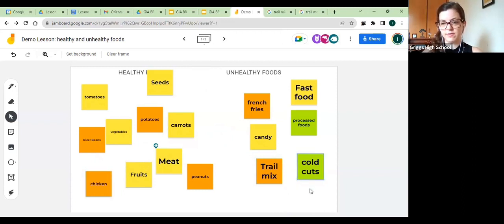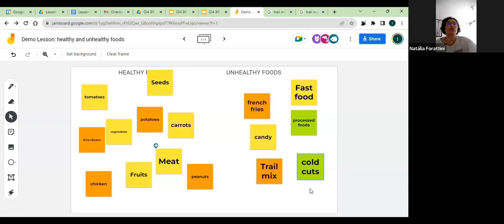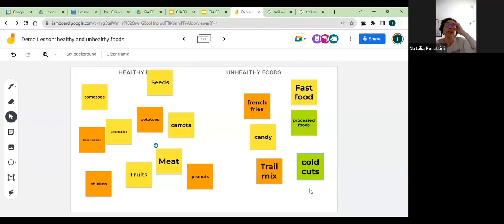What about cold cuts? Are they always unhealthy? I actually think cold cuts are usually healthier, no? They have a lot of sodium, right? They're highly processed, so the more processed, the worse it is for your health.